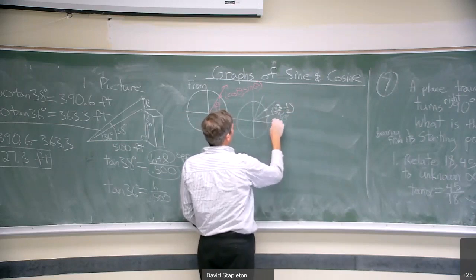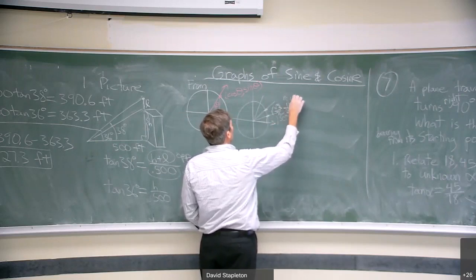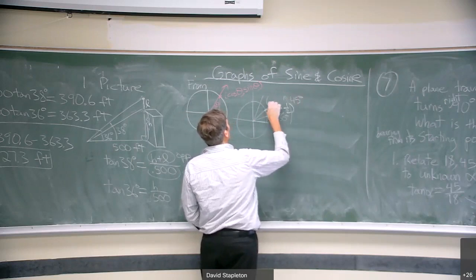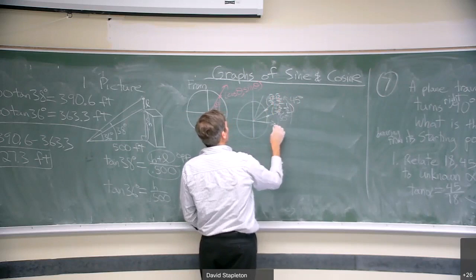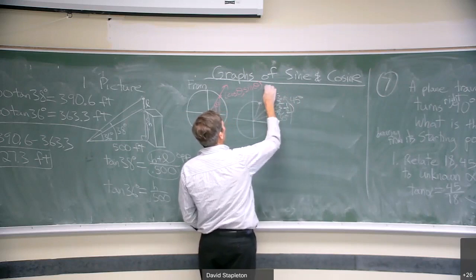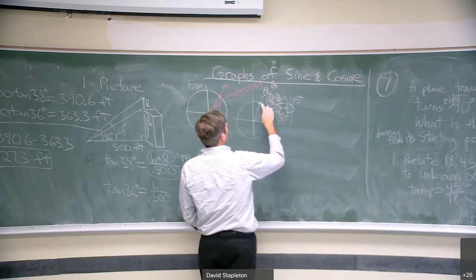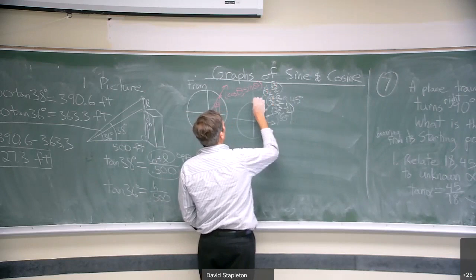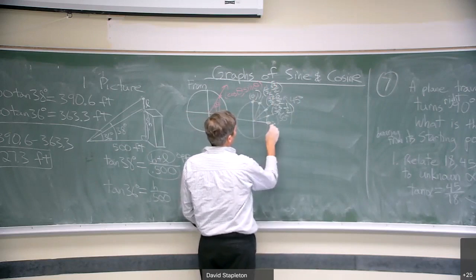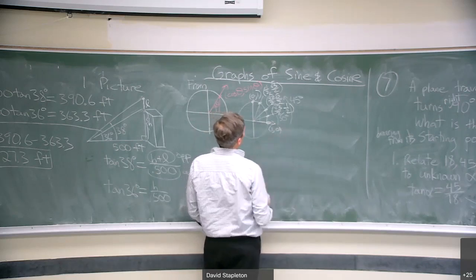At 45 degrees, we have square root 2 over 2, square root 2 over 2. At a 60 degree angle, we have this point, 1/2, square root 3 over 2, because now the 30, 60, 90 goes this way. At 90 degrees, you get the point 0, 1. And over here at 0 degrees, you get the point 1, 0.